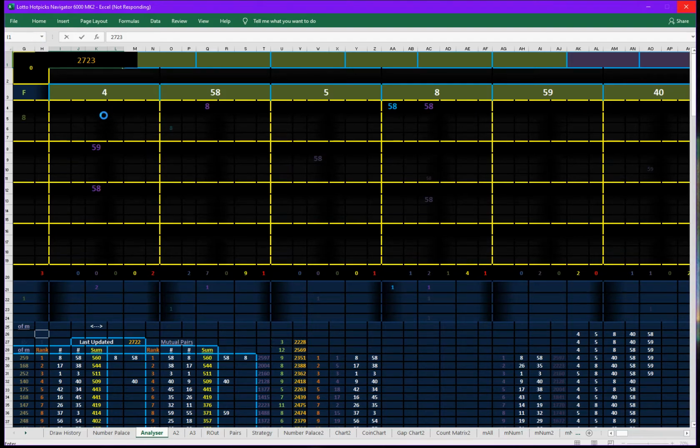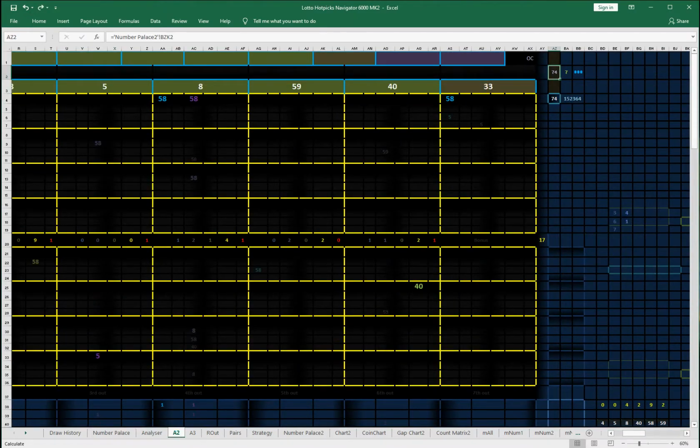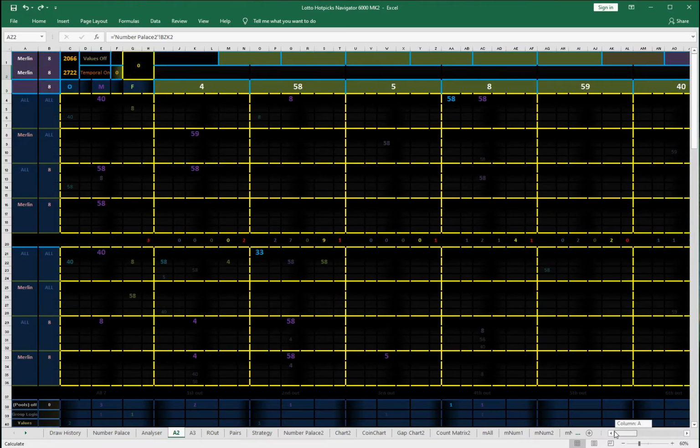It takes so long. I didn't even want to go on that one anyway. How long does it take? Come on. Right, we're on the correct analyzer.